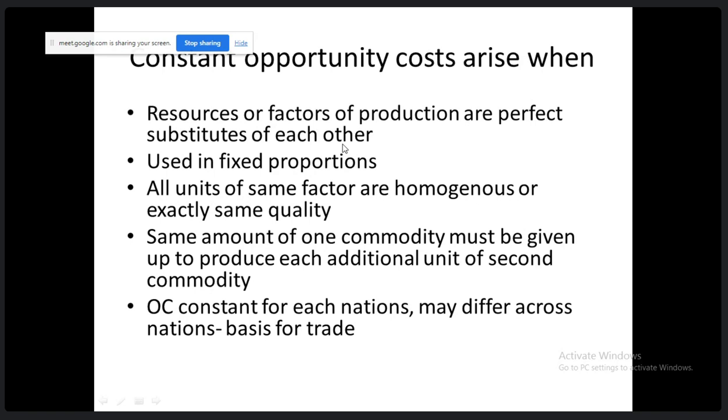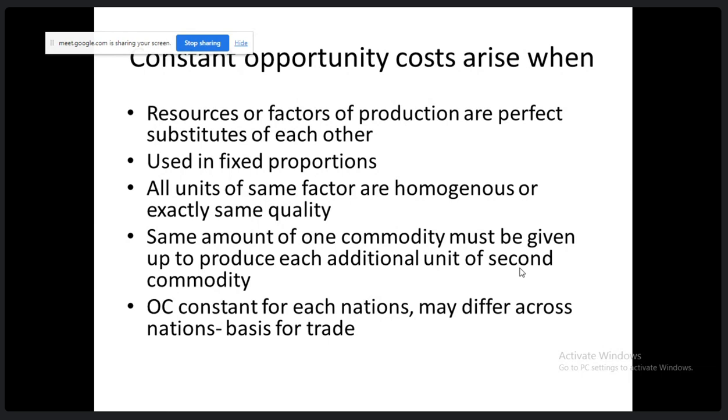So suppose I'm increasing the production of cloth by reducing the production of wheat, the resources that are getting released from the production of wheat are of the same quality as I require for producing one additional unit of cloth. That is the reason why the cost is remaining constant. The same amount of one commodity must be given up to produce an additional unit of the second commodity.